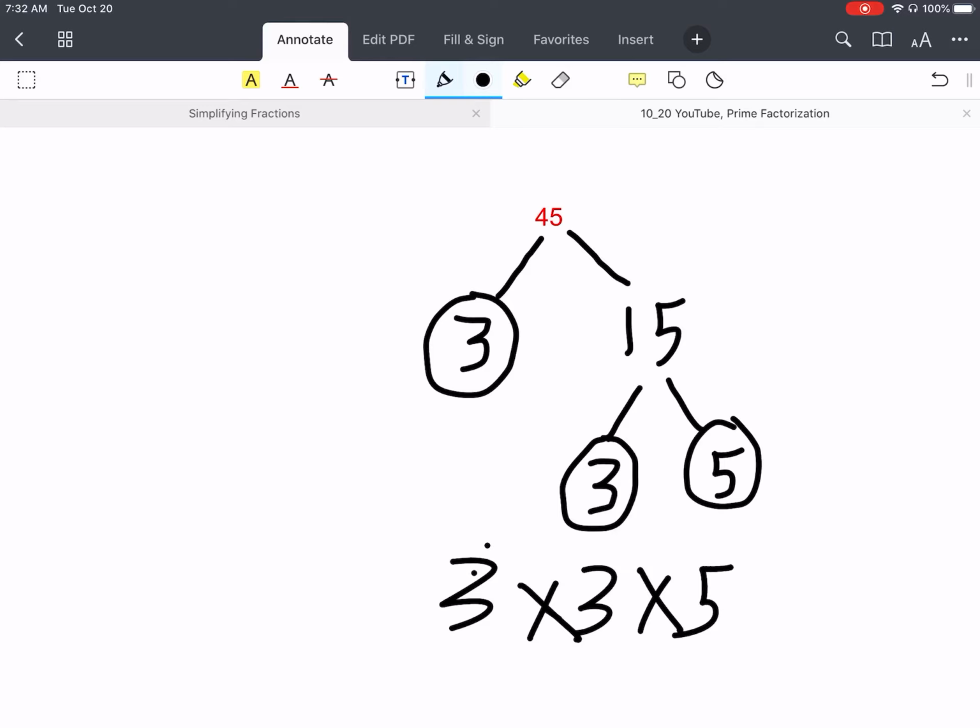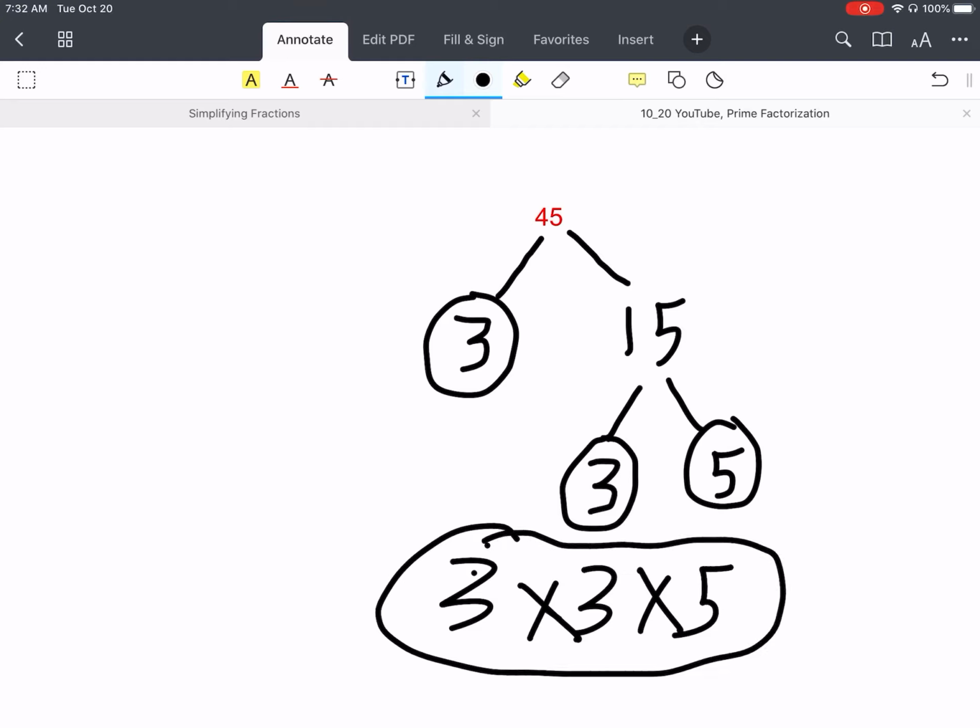Okay, that was painful, but we got there to the correct answer. So it doesn't matter that we have multiple 3's. We can write both of them out. We can have as many of each number as we want, as long as they are prime. And we can recheck this math. We know that 3 times 3 is 9, times 5 is 45.